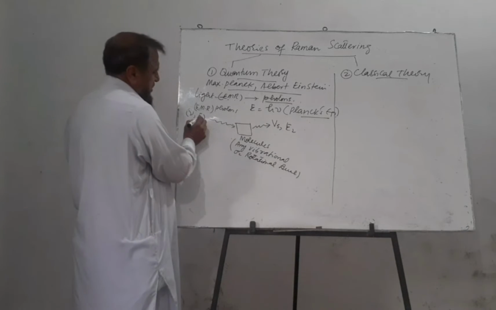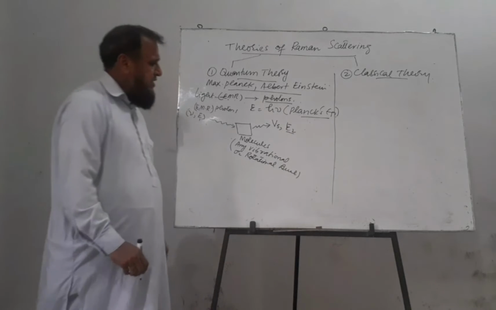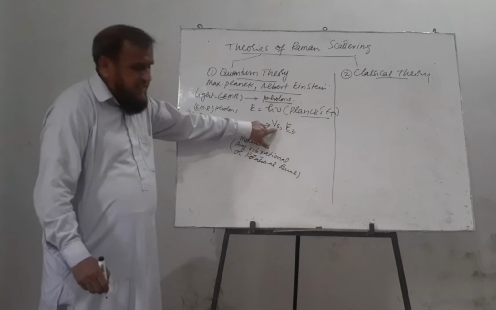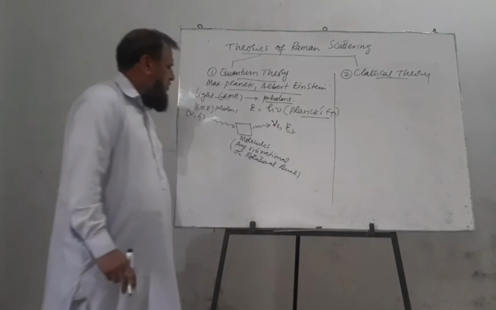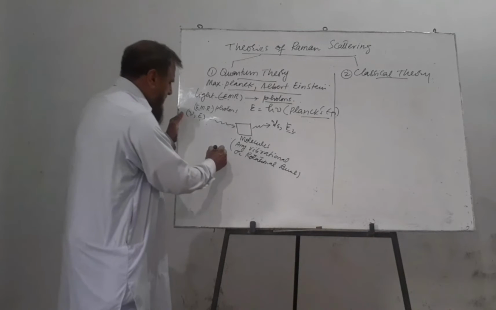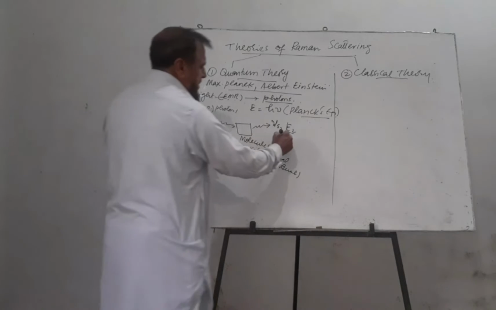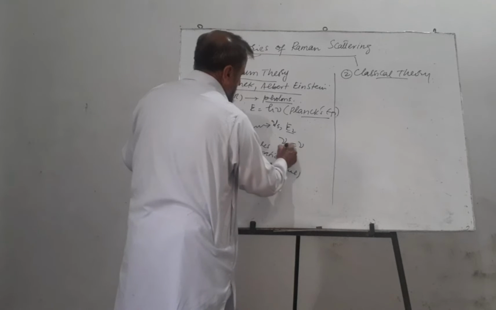Let us suppose the energy of incident radiation is E1 and the energy of scattered radiation is E2. The frequency of scattered radiation is nu s. In this case, as the molecules have not absorbed any energy from the radiations, nu s will be exactly equal to nu and E2 will be equal to E1.